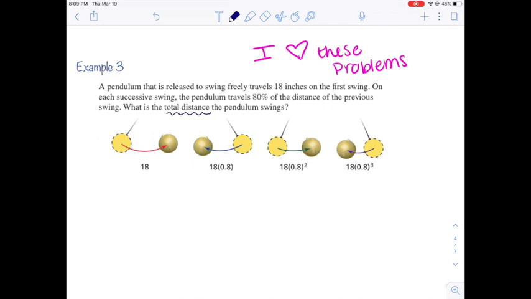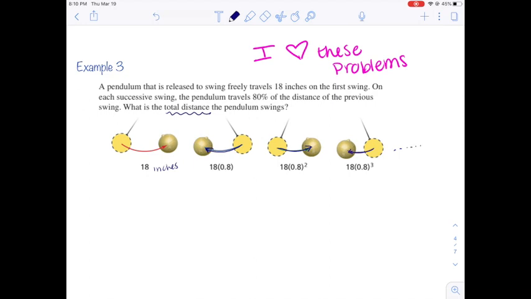So, on your first swing, when you let that pendulum go, you're going to see that it travels 18 inches. Now, when it travels back, it's going to go a lesser amount, distinctly 18 times 0.8. And then on its way to the right again, it's going to get multiplied by 0.8 again. It's going to travel a lesser amount, and so on and so forth.